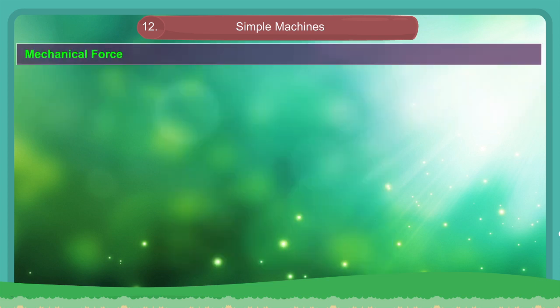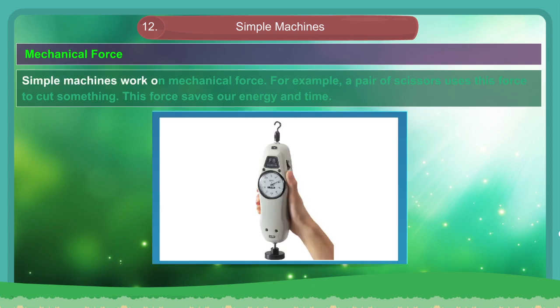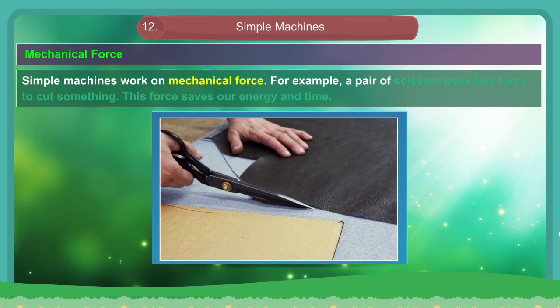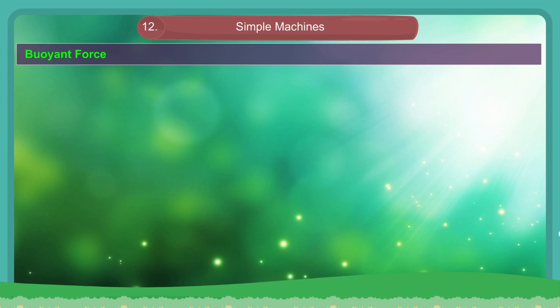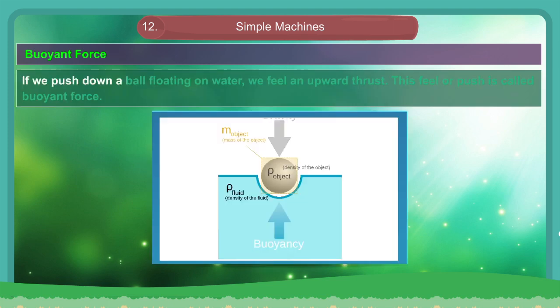Mechanical force. Simple machines work on mechanical force. For example, a pair of scissors uses this force to cut something. This force saves our energy and time. Buoyant force. If we push down a ball floating on water, we feel an upward thrust.